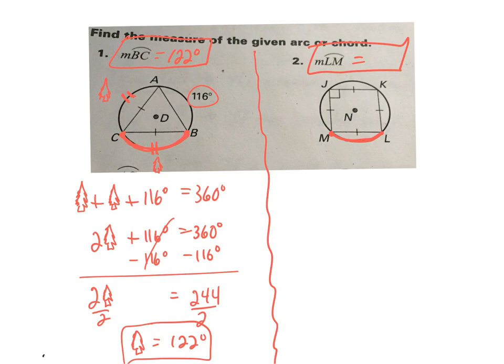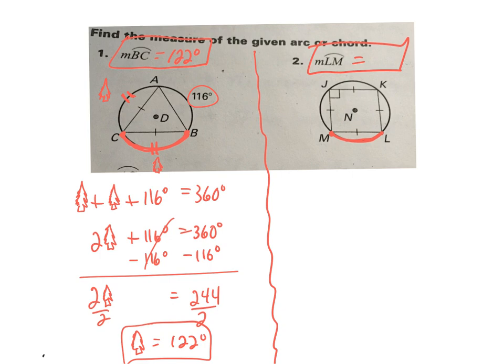So what we have going on here, guys, is not just 2, but actually 4 chords: JM, JK, KL, and LM. All 4 of these chords are equal to each other. So theorem 10.3 says if all the chords are equal, then all of the arcs are equal.